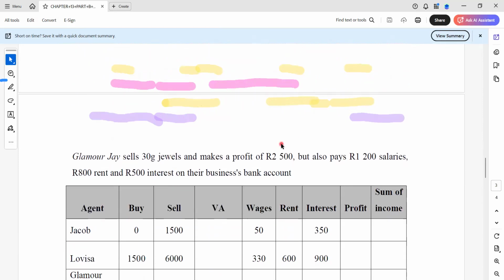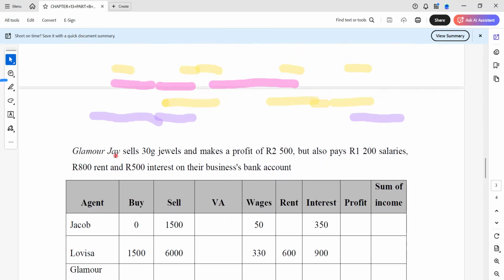But for J, they're just telling us that J sells 30 grams of jewels and makes a profit of 2,500. So they're not telling us how much he is selling these earrings for. I think that is the amount we'll also have to calculate.